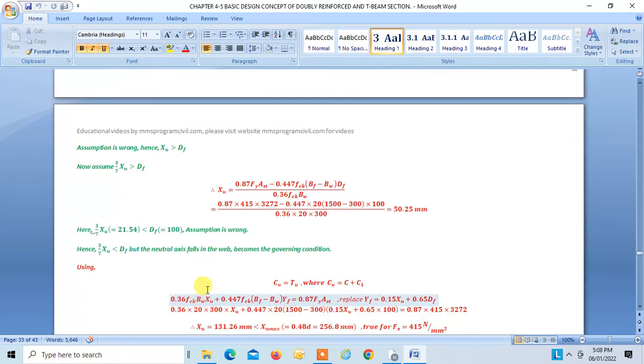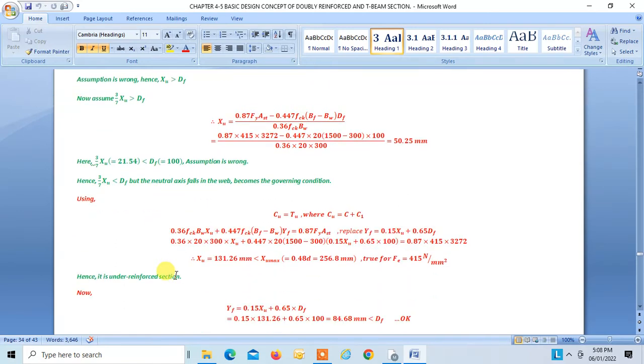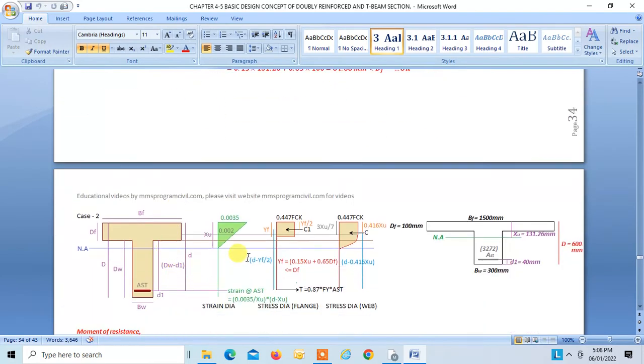So that means now the case is that 3 by 7 XU is less than DF, that is XU is greater than DF. The neutral axis falls in the web, but the strain 0.002 falls in the flange. That is case 2, right?